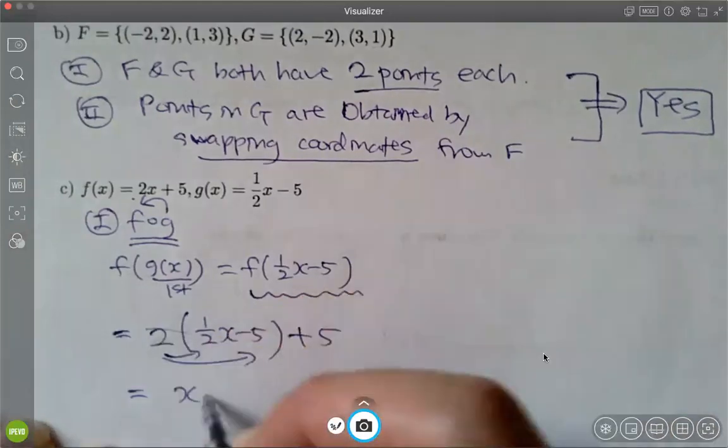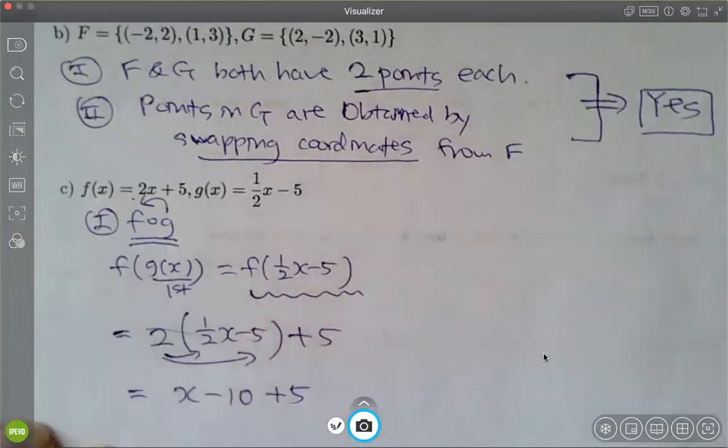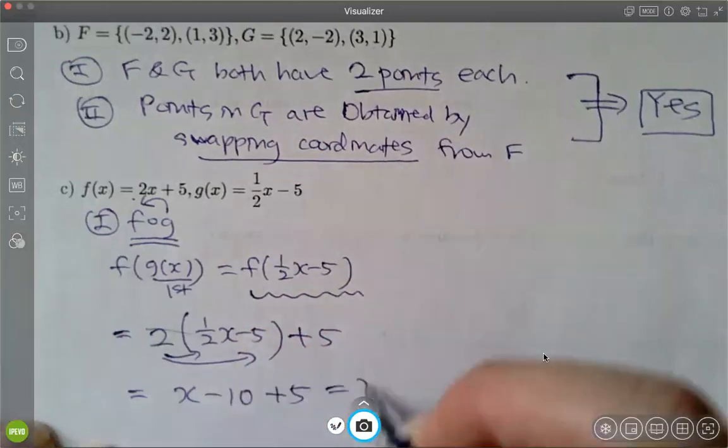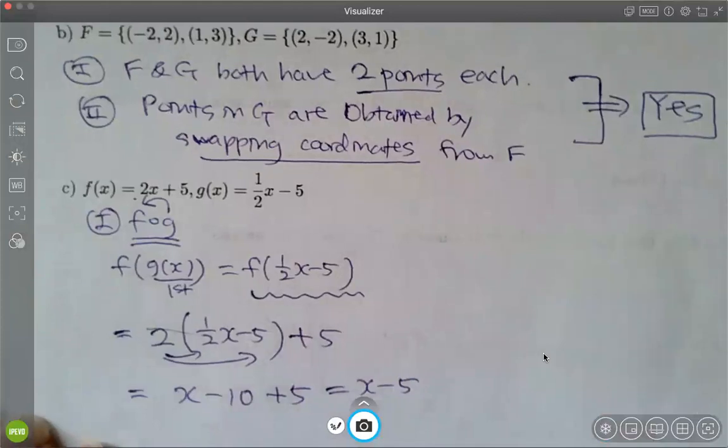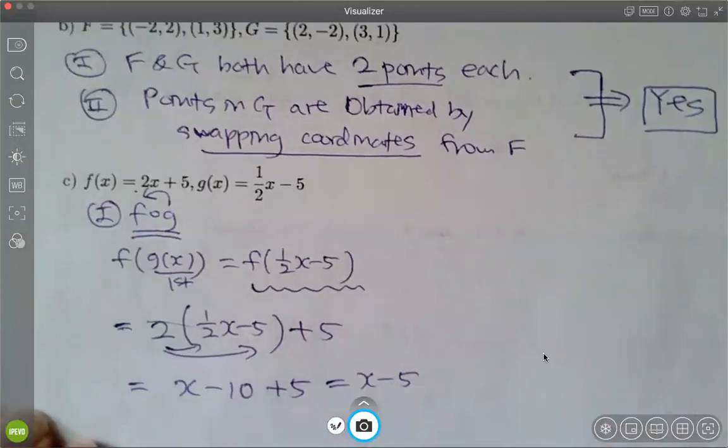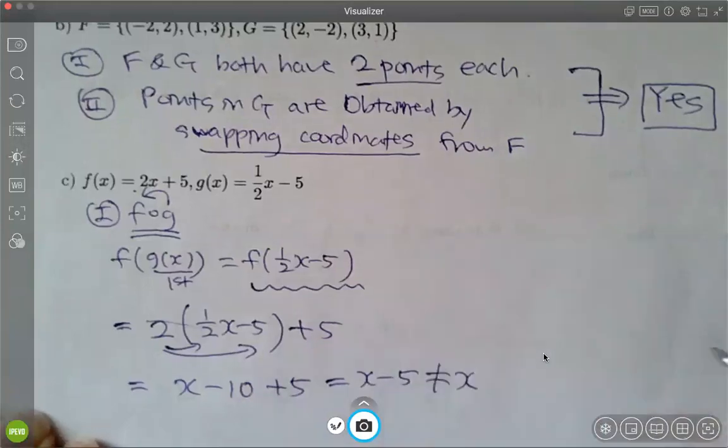So it's x minus 10 plus 5. What do you get? x minus 5, right? Now, is this equal to x? Remember what we want is just x, not x minus something. So that's not equal to x, right?